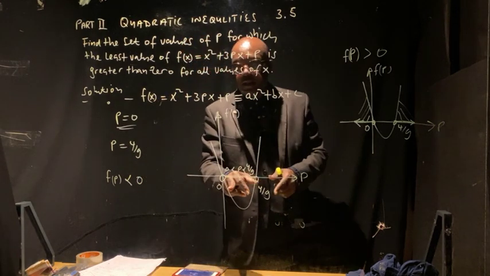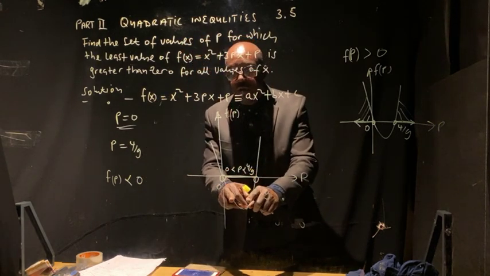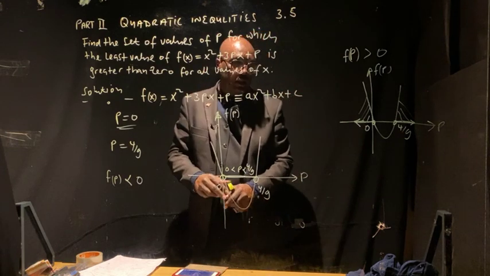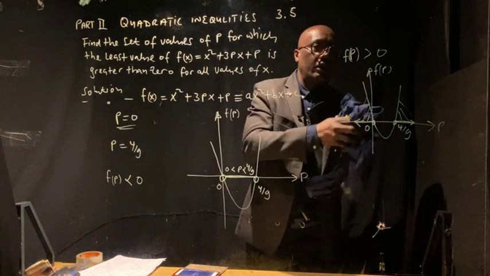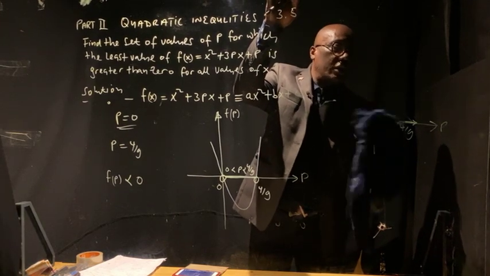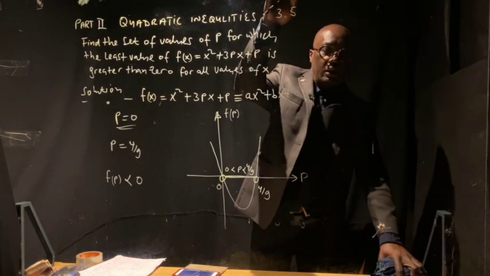Then in that case, this should be the range of values of p where the requested inequality is valid. Now let me clean this one and write down some things that are very important.